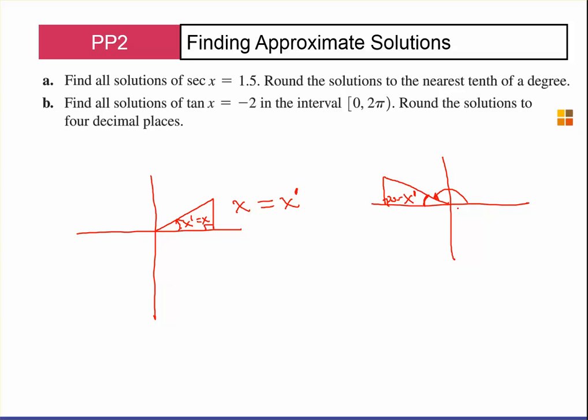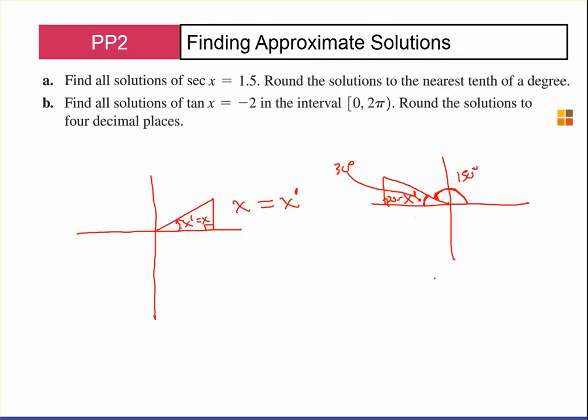If x prime is 30 degrees, what would be the angle from the initial side? 30. So if this is 30 degrees, that means this angle would have to be 150, right? Because it's half a circle, so these are just supplementary.